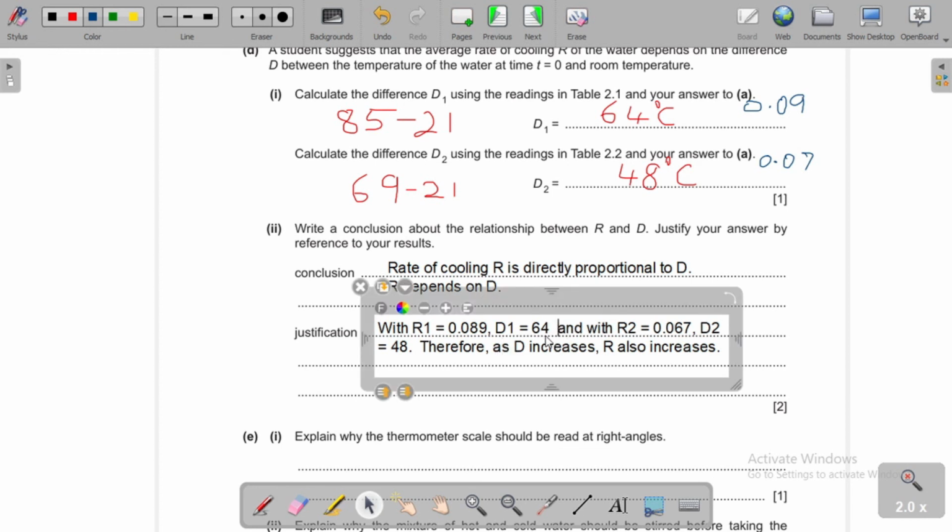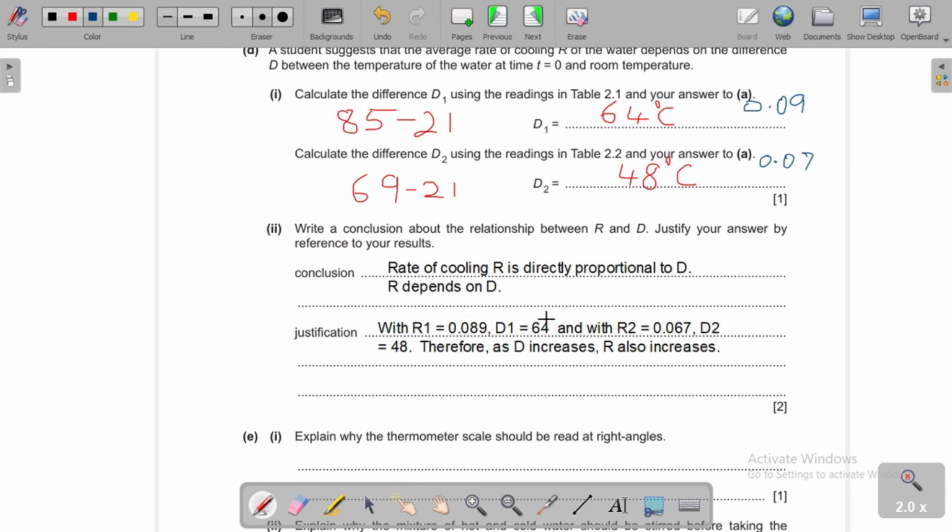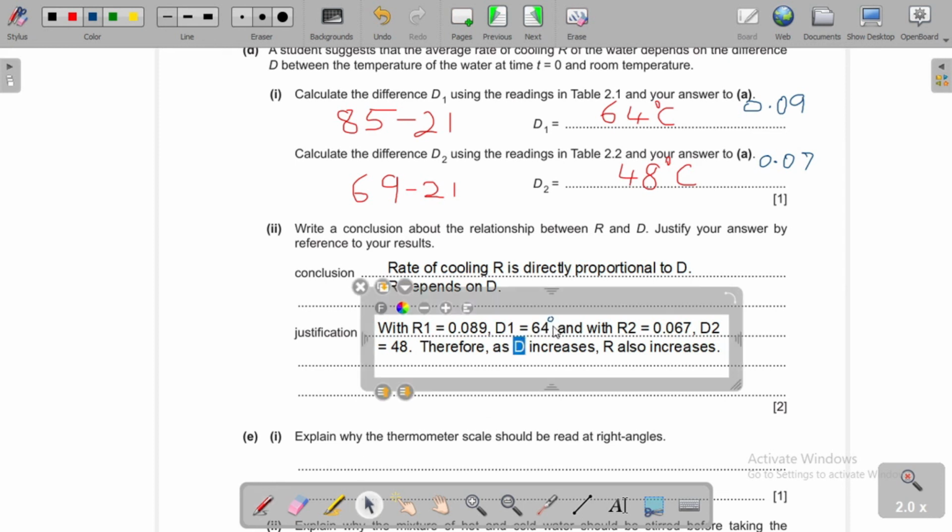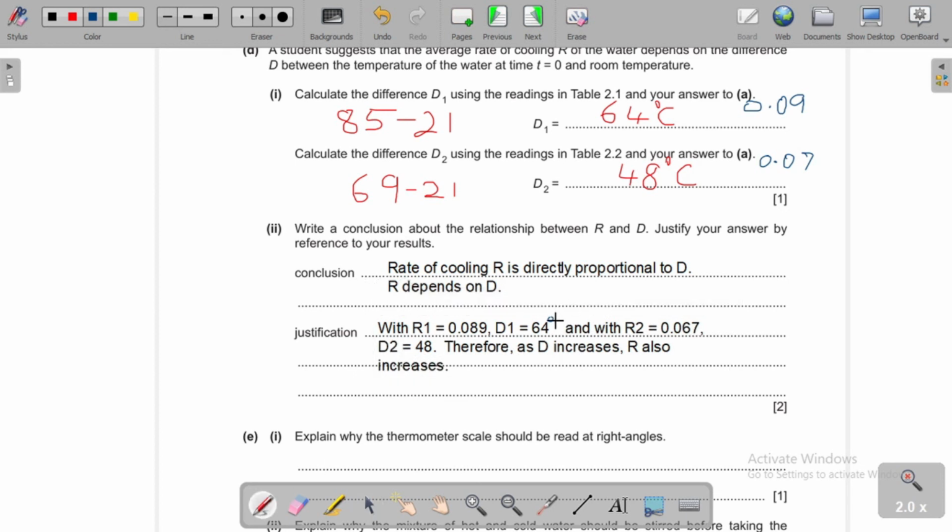Let me put a space here so that I'll be able to put degrees Celsius.